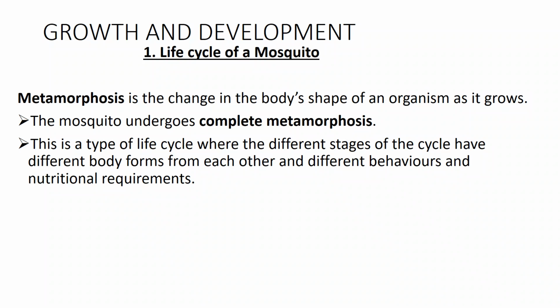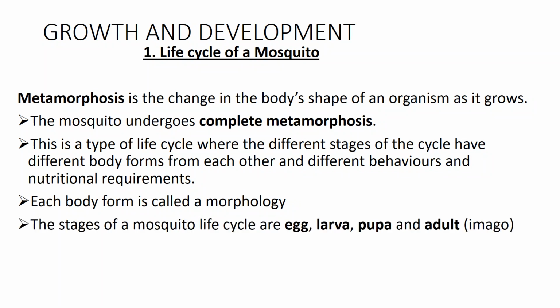Even the way it behaves. Maybe when it was a baby, it couldn't move, but now at the maturity stage, it will be moving. So the nutritional requirements and the behavior are different in complete metamorphosis. Each body form is called a morphology.